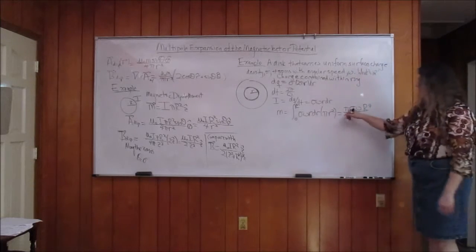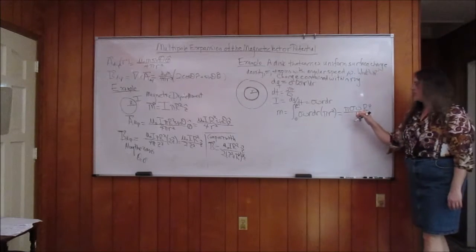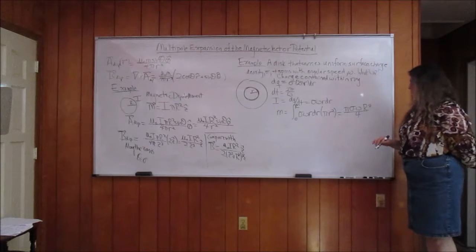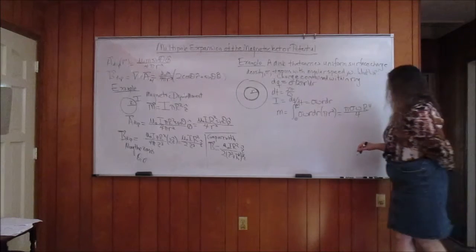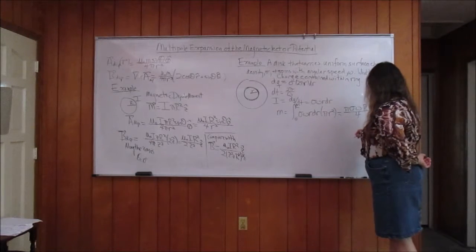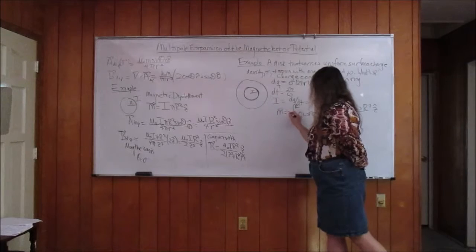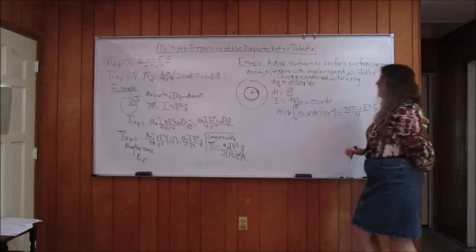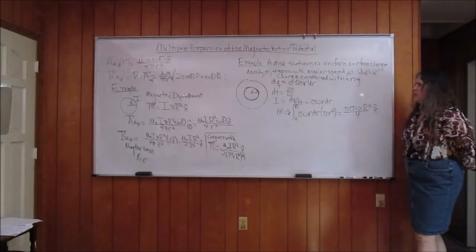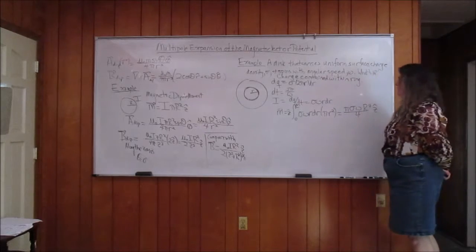I'll be left with pi times sigma omega r to the 4th power over 4, and that'll be in the z direction. That's the magnetic dipole moment due to a disk.